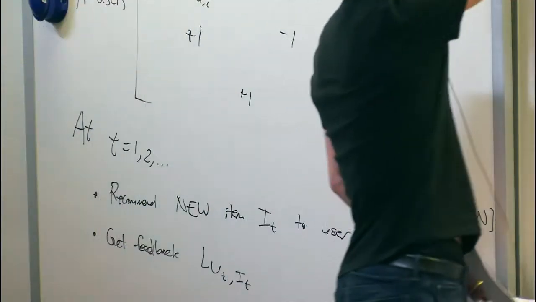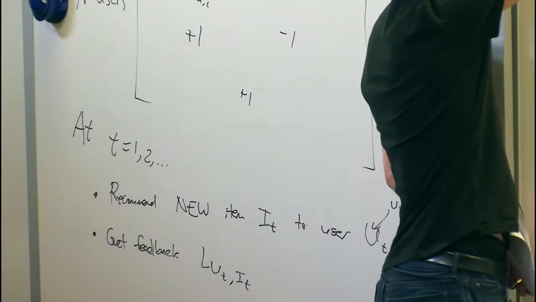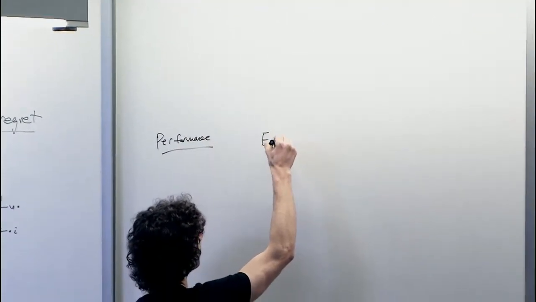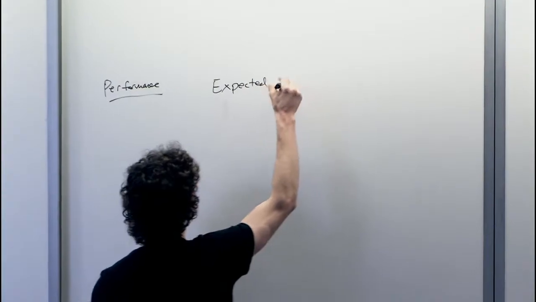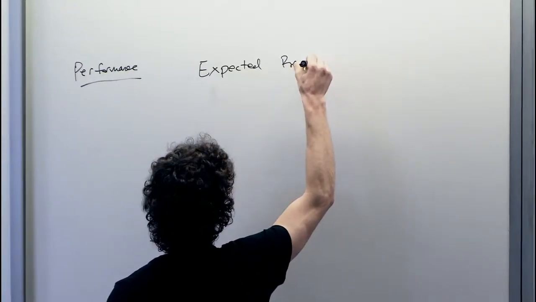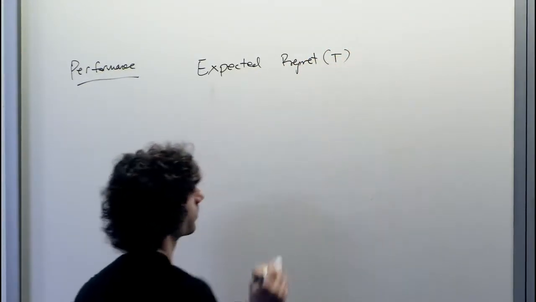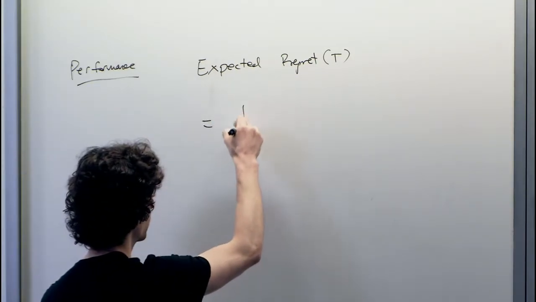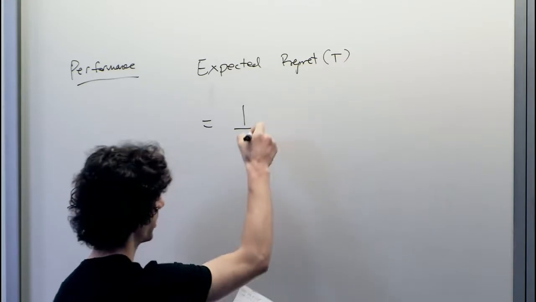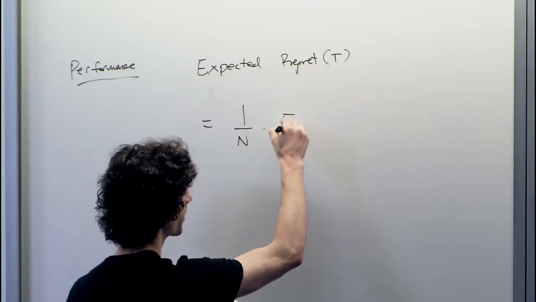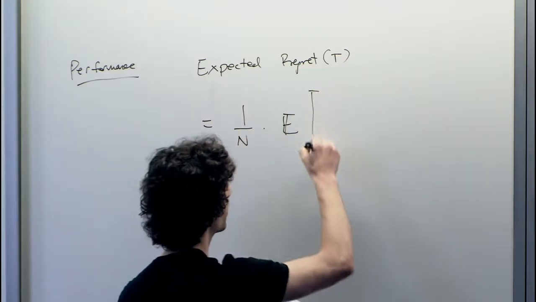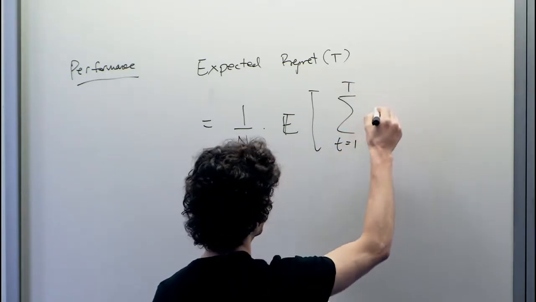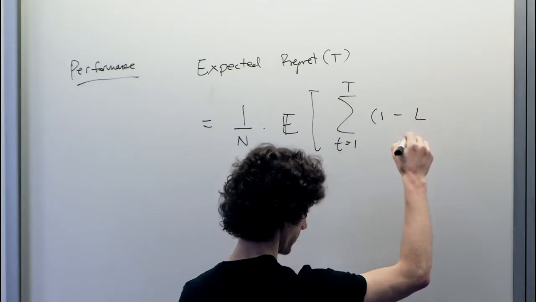How do we measure our performance? So expected regret is what we're going to use. At some arbitrary finite time t, the expected regret is, normalizing by the number of users, the expected value of the sum over all the times of 1 minus L_{U_t,I_t}.